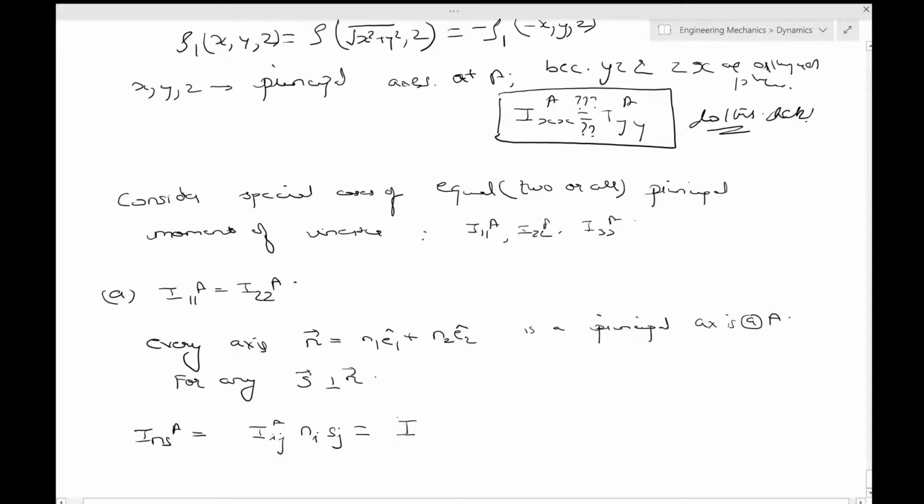You can now use the chain rule. That would be I11 of A n1 s1 plus I22 of A n2 s2.